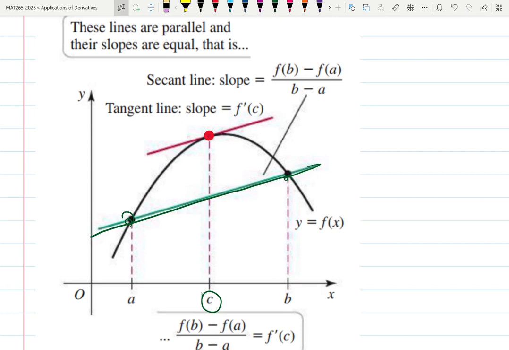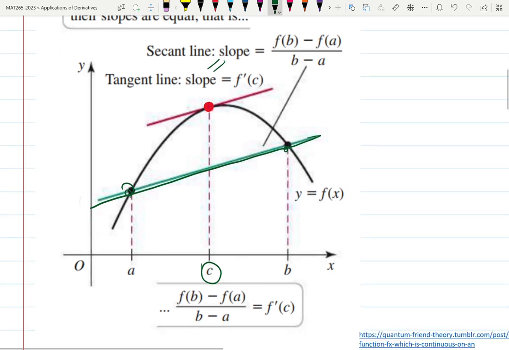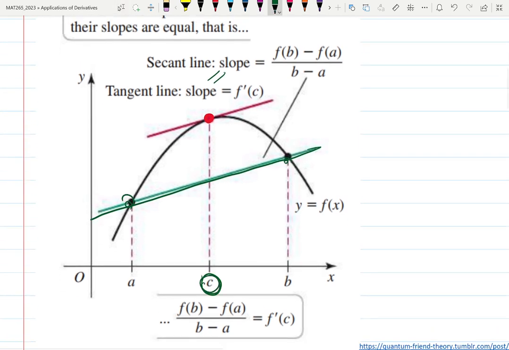If they're parallel to each other, the slopes are equal. So those are the same numbers. So in this case, the slope of the tangent line and the slope of the secant line match. And it happens at that c. So I would say you first find the secant line, and then you can claim that the slope of a tangent line will be the same as the slope of that secant line.